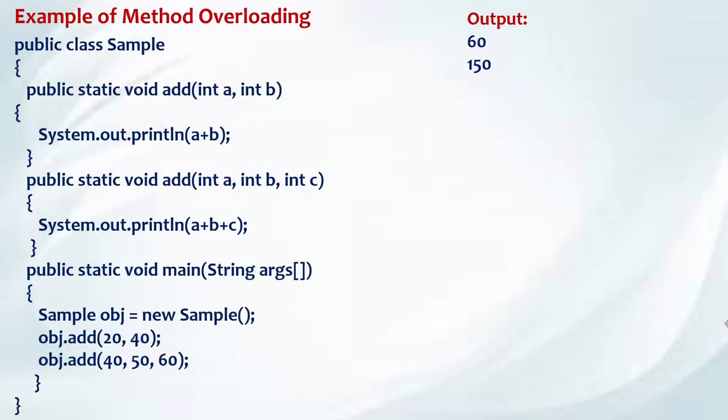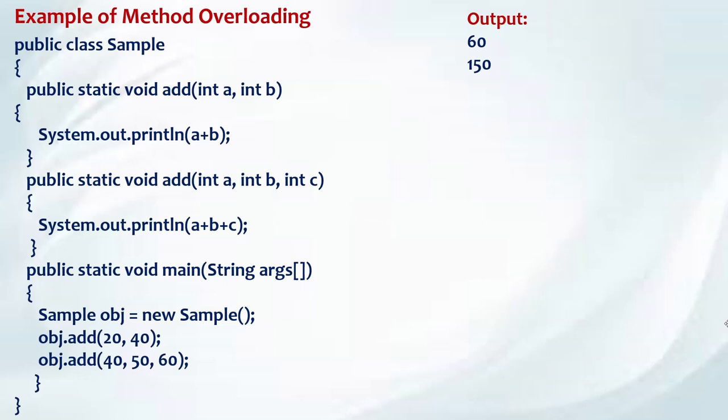In this example, in the class Sample, we have an add function with two parameters and another add function with three parameters. Whenever we call it with three values, the second add function, that is add of int a, int b and int c, will be executed.